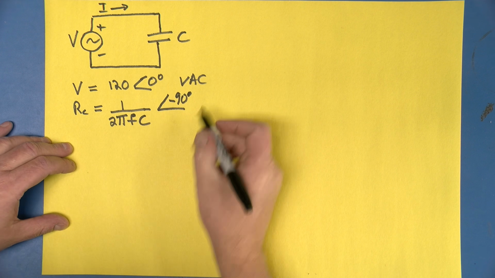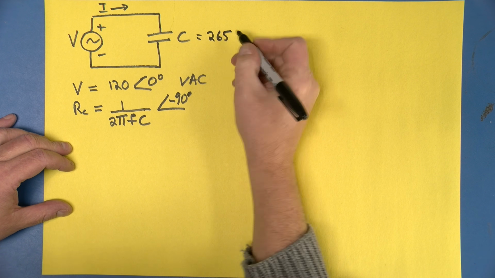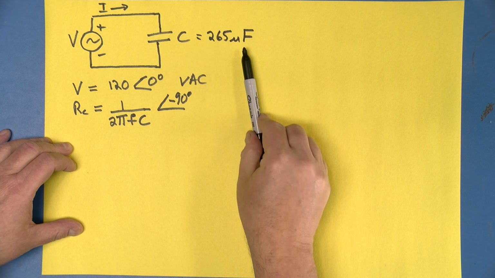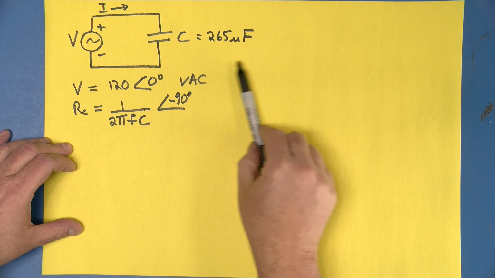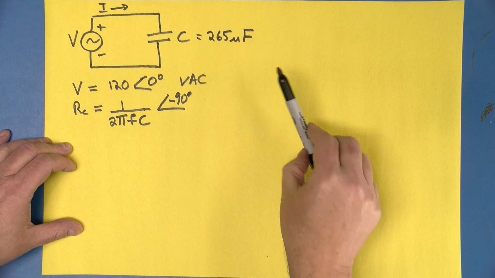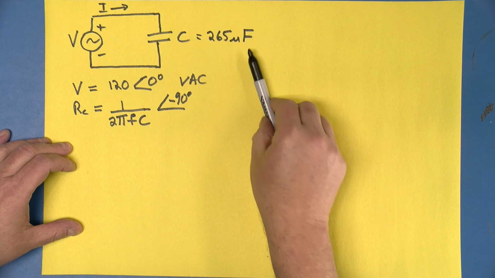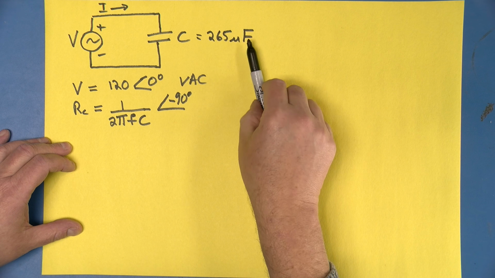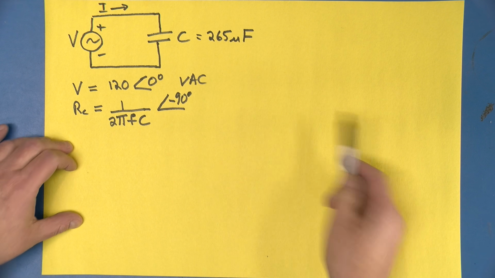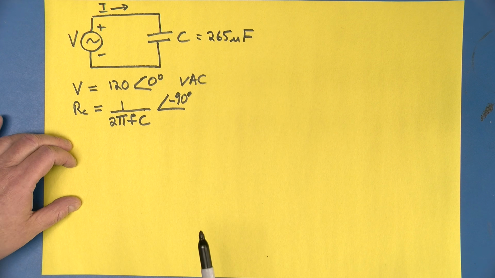And we're going to say C equals 265 microfarads. Capacitors are often in micro or nano or picofarads. It just turns out that those sizes are the most typical sizes of capacitors we deal with. You used to never be able to get capacitors of a value of a farad or more, although now with supercapacitors you can actually do it. But one rarely sees them except for power storage applications.